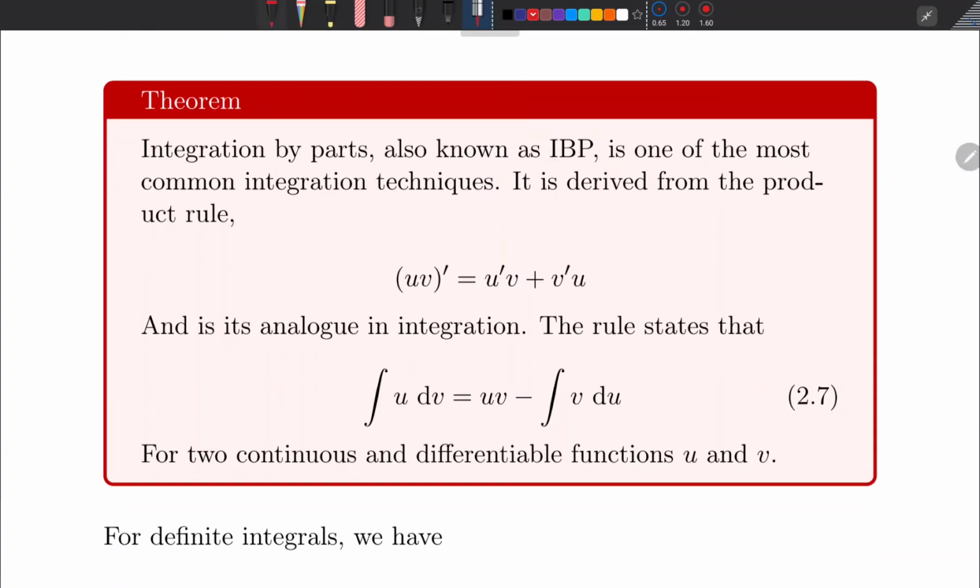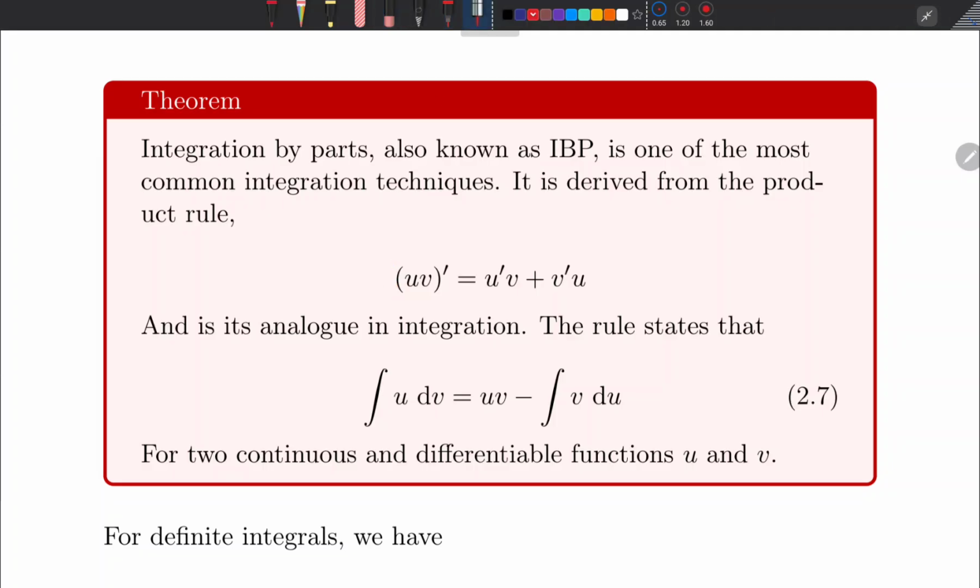We know that this is your, what we call, it's your product rule, right? I'm sorry, I was having a difficult time to just recognize that.